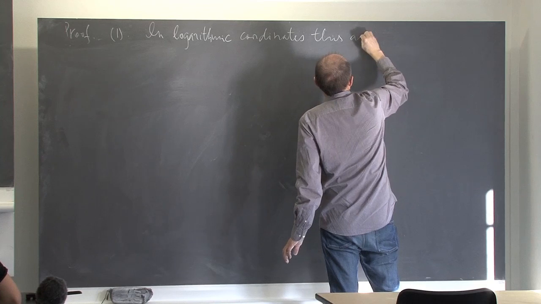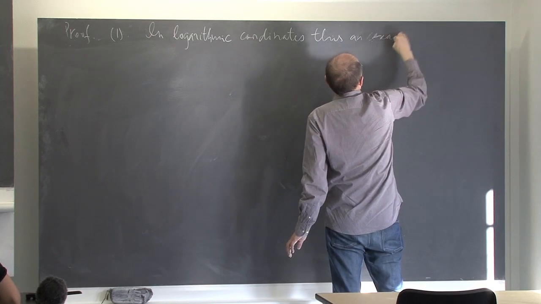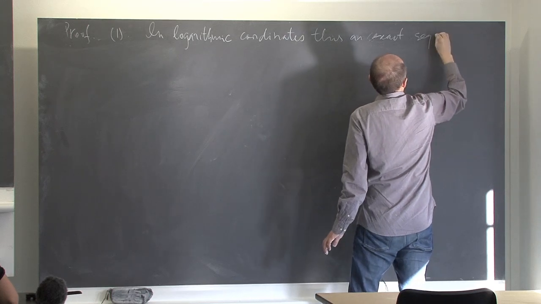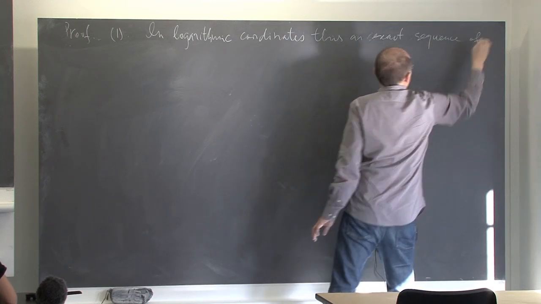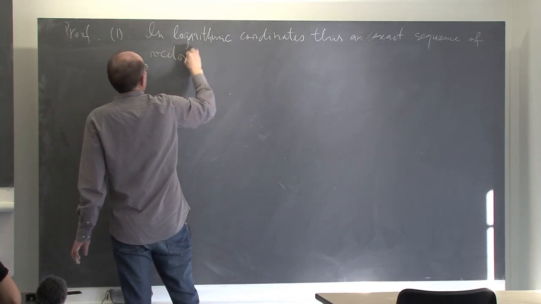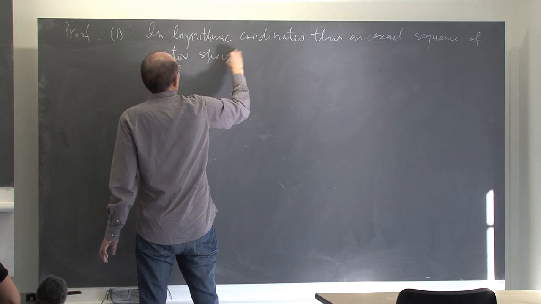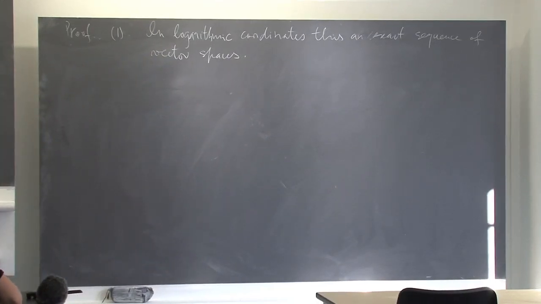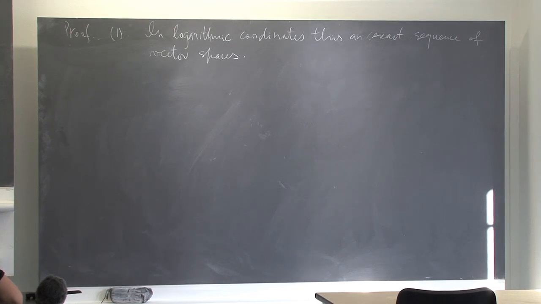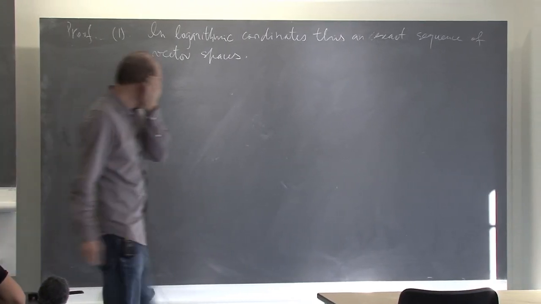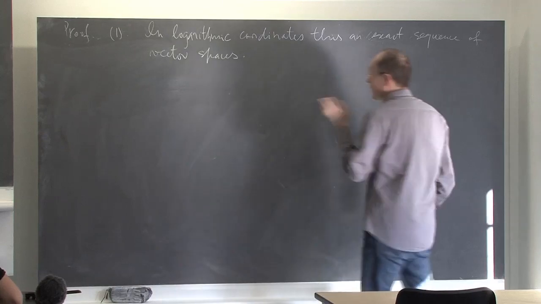This is an exact sequence of vector spaces. Okay, real vector spaces. But the fact that the composition of two neighboring maps is trivial is very easy. So let us accept this.